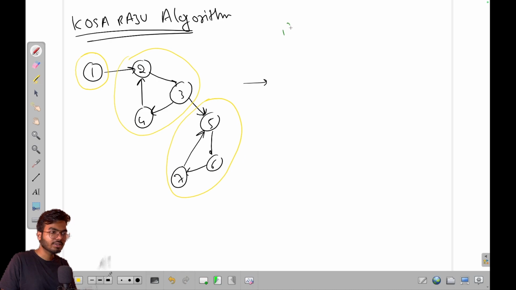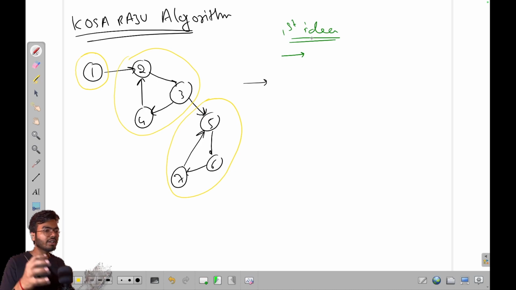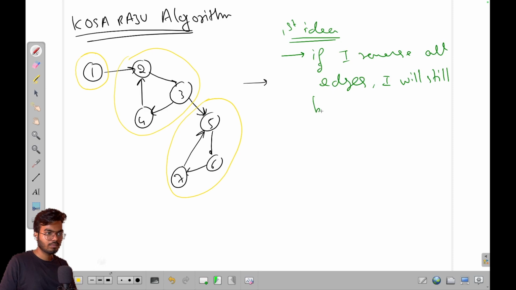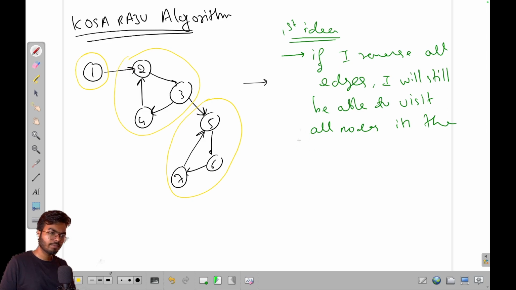The first idea is, if the component is strongly connected, then if I maintain a reverse graph, if I reverse all the edges, I will still be able to visit all nodes in the component, right?